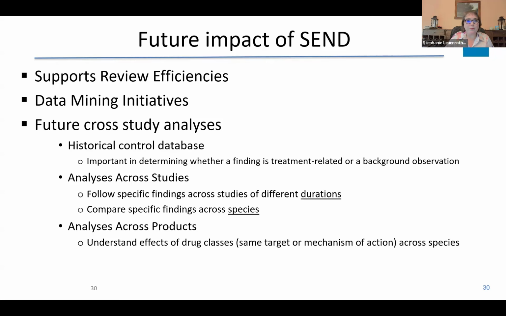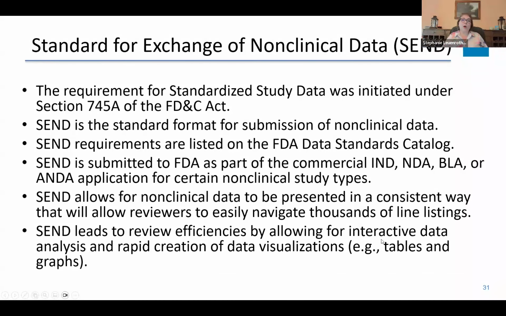FDA. And then just to summarize, just put it all together. The Standard for Exchange of Non-Clinical Data, or SEND, originated with a requirement for standardized study data under Section 745A of the FD&C Act. SEND is currently the standard format for submission of non-clinical data for FDA.